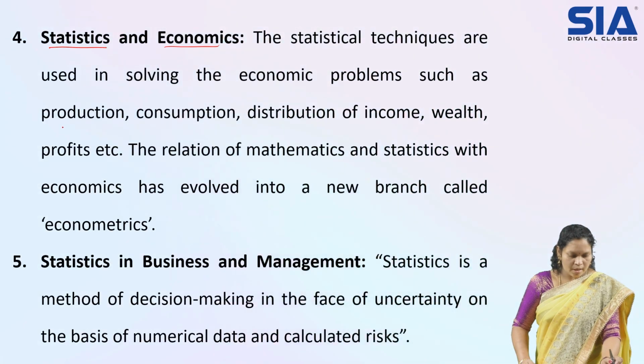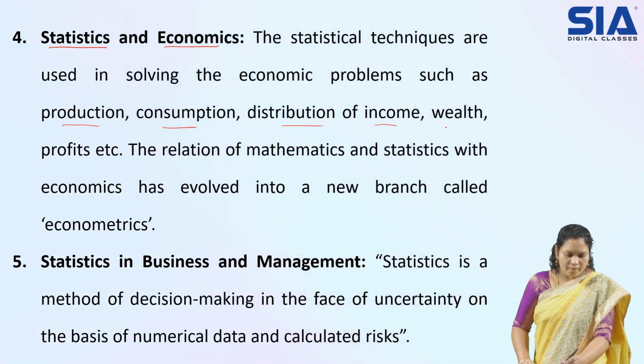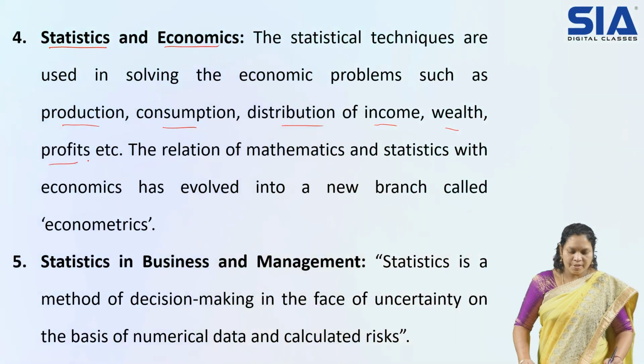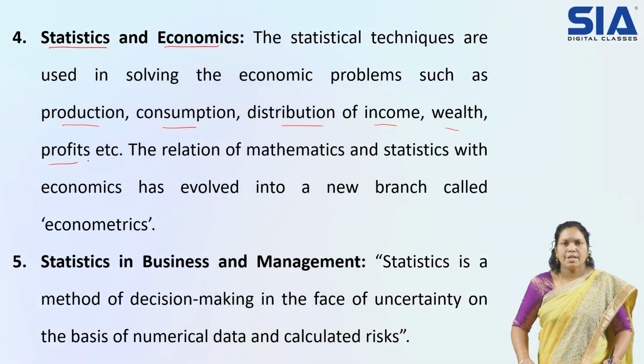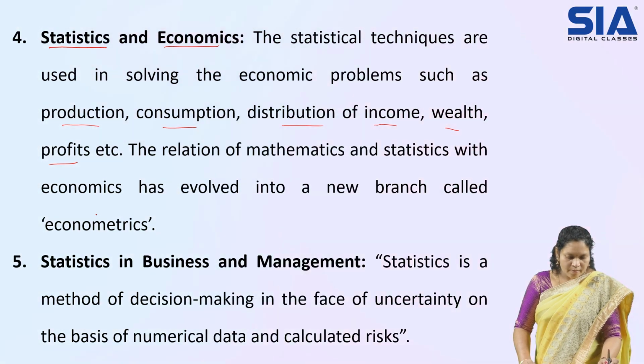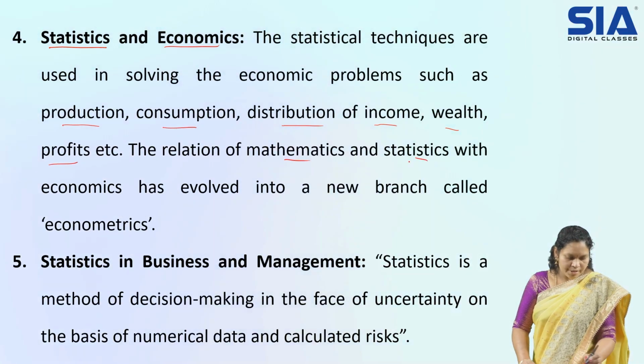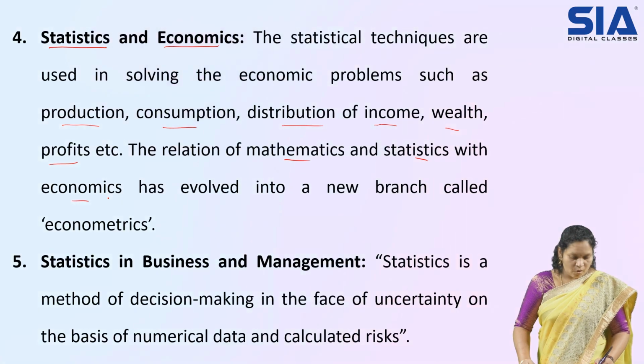So check it out, same examples we have here: production, consumption, distribution of income, wealth, profits, all come under economics. So to plan all that, definitely we need statistics. So statistics and economics is one of the scopes of statistics, and altogether mathematics, statistics and economics together, we call it econometrics also.